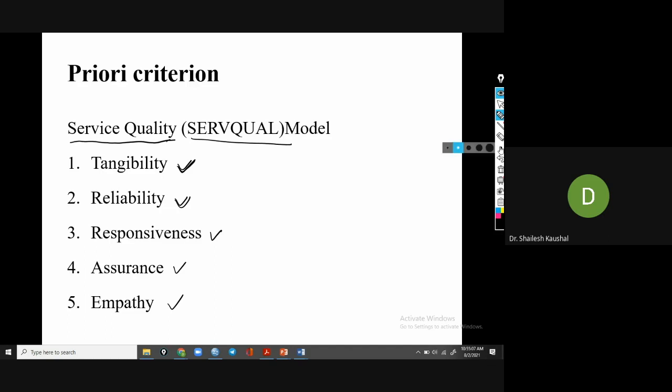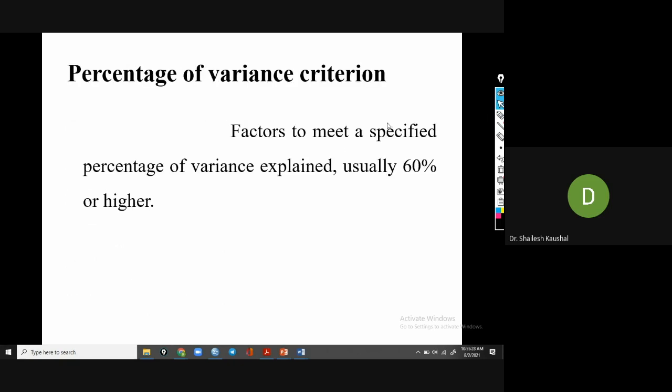So if we want to explain the service quality in higher education, we can take 5 factors to define it. So the a priori criteria means how many factors other researchers previously took to explain a particular concept.